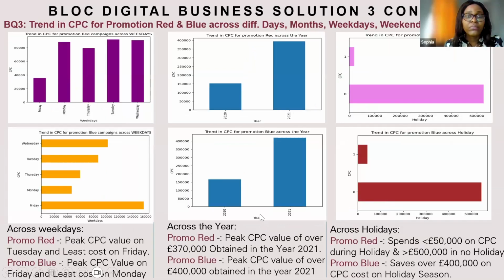After doing this analysis, I came out with a prediction that if you make the promotion on this day, you get your peak value on this day, and you get below peak value on this day.